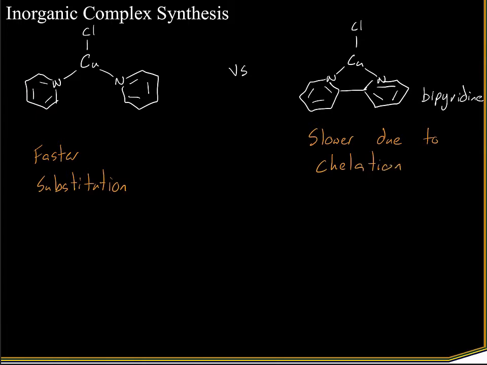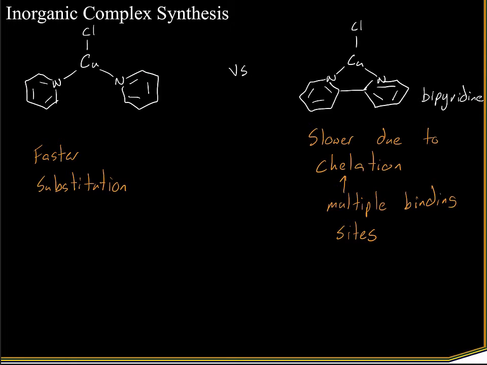So earlier in the term, we talked about bidentate ligands. These are also called chelating ligands that have multiple binding sites. And this makes it much harder to remove the ligand. Essentially, there's a thermodynamic driving force to keeping both of these nitrogens attached to the copper.